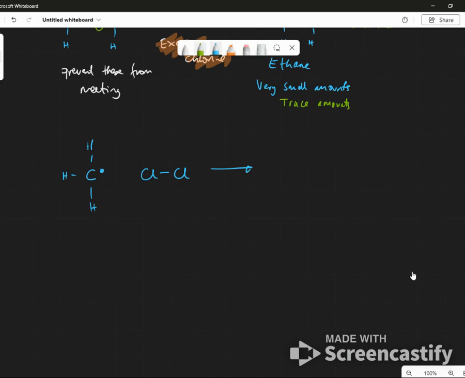So what perhaps could happen here? This electron goes there. One of these electrons goes here. The other electron goes on there. And what am I going to get? I'm going to get this guy plus a chlorine radical. Does that make sense?